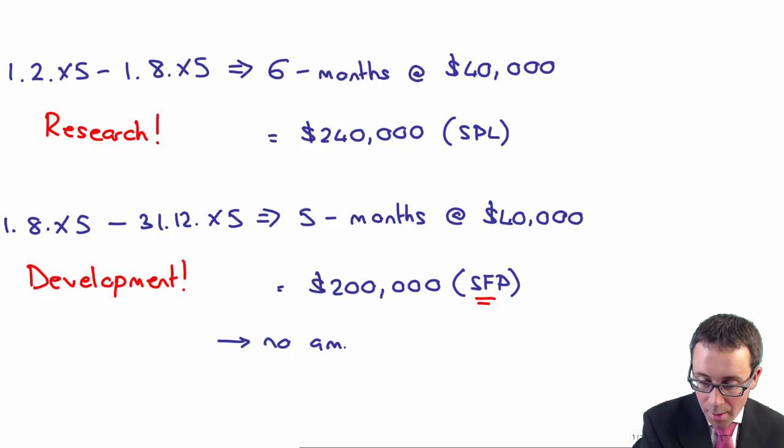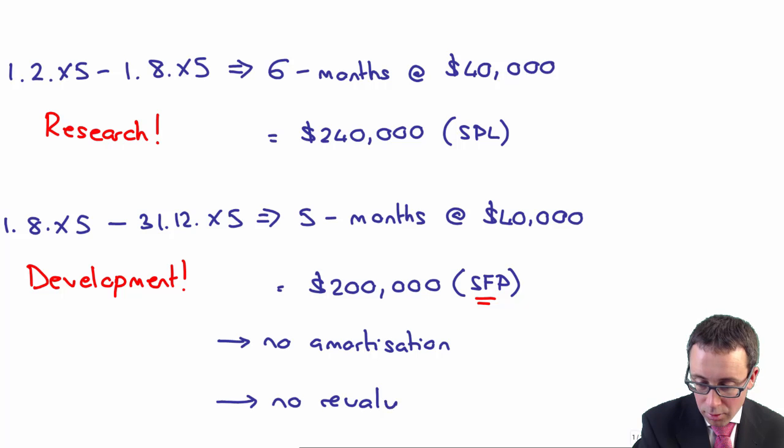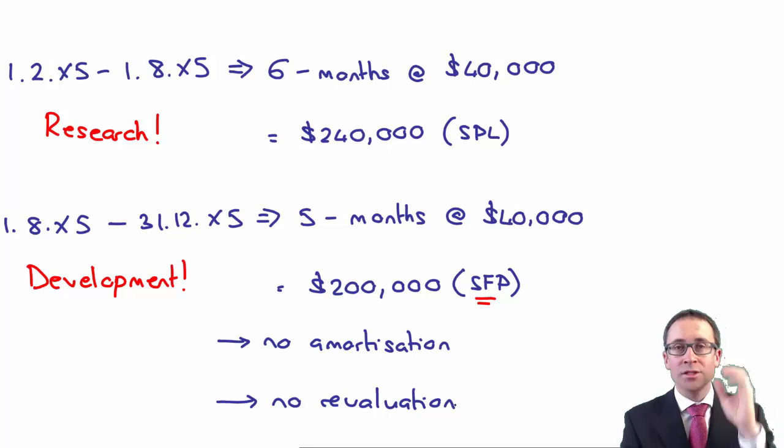There is no amortization, is there? Because it is not yet ready for use. And likewise as well, there is no revaluation because there is no active market, is there? Okay, there we go.